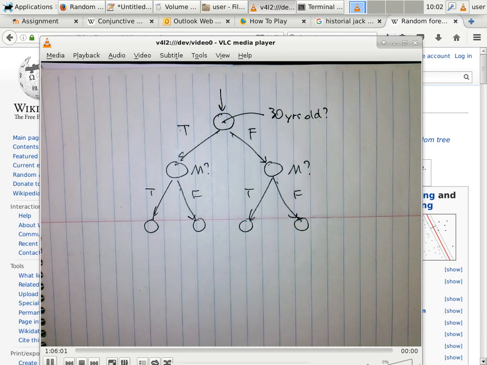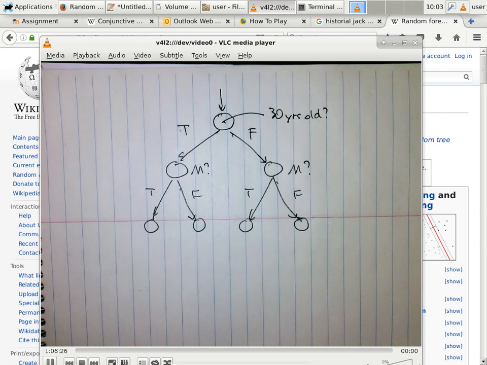You just run through all the past samples. How many people in a fatal accident are 30 years or older? Then you have probability, X amount here and X amount here. Of the people who are 30 years old or older, how many of those are male? Falling to this category. How many of those are female? Falling to this category. So once again, we have probability here and here.